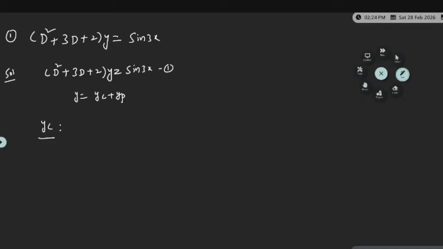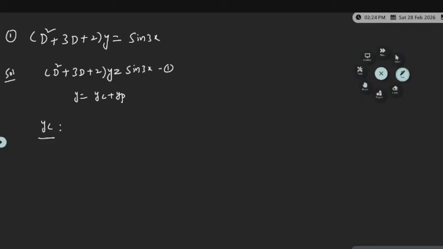What is the auxiliary equation? Auxiliary equation m square plus 3m plus 2, roots minus 1, minus 2. What is the complementary function? c1 e power minus x, c2 e power minus 2x.